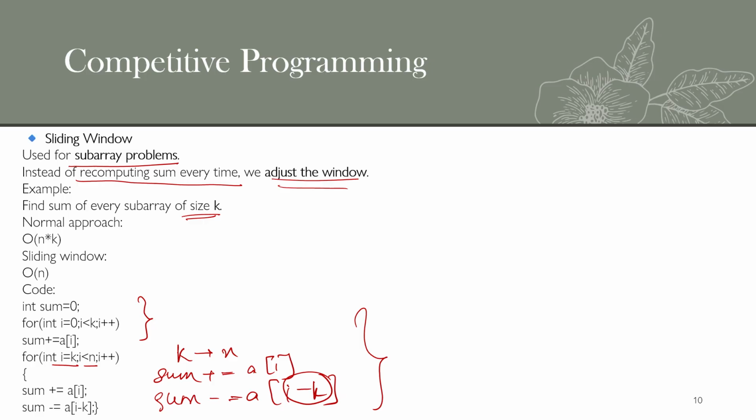So this is what is happening. Let's suppose your k is equal to 4, size is equal to 8. That means after every 4 elements, you'll have to form the window again and again. So that is what is happening.